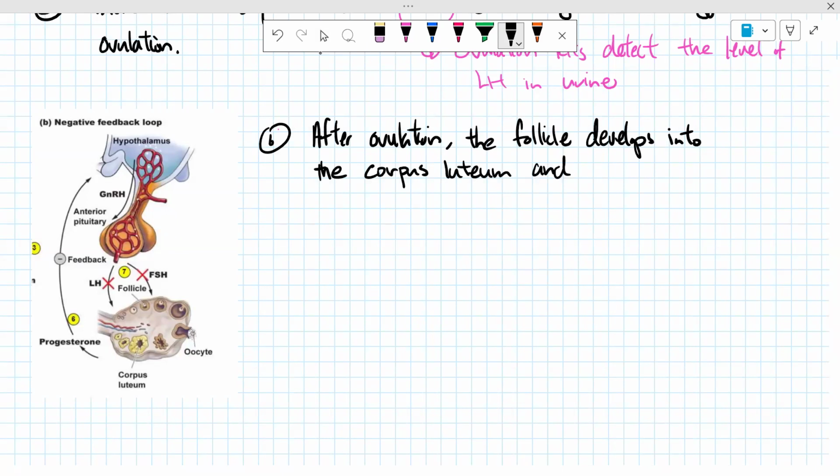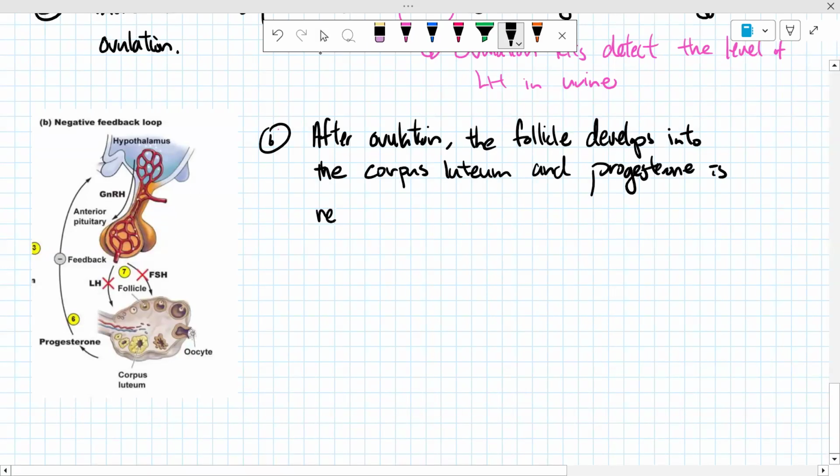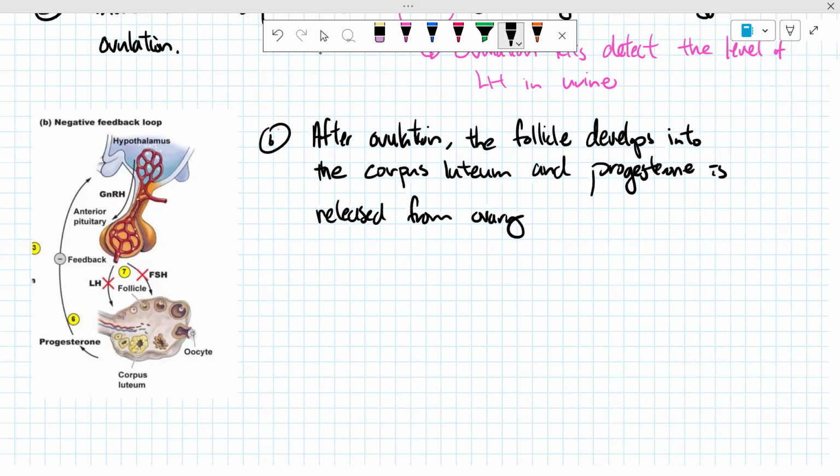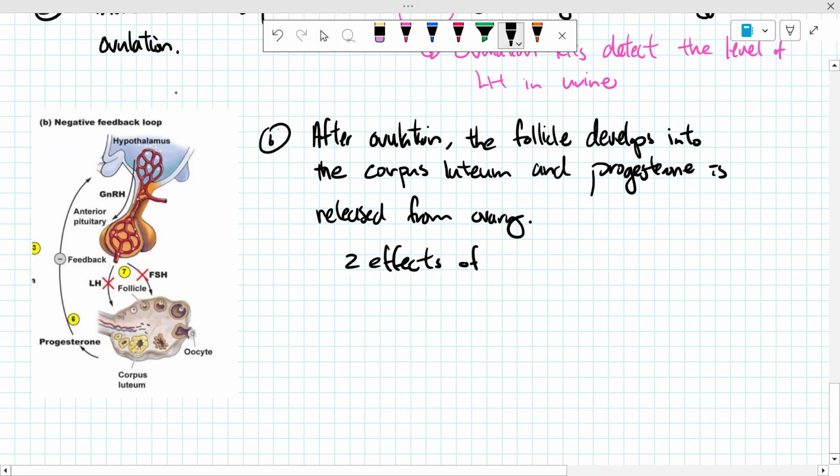And progesterone is released from the ovary. And then what happens? There are 2 effects of progesterone.